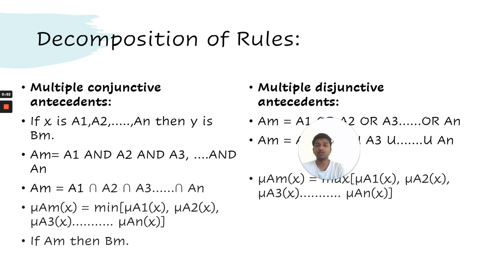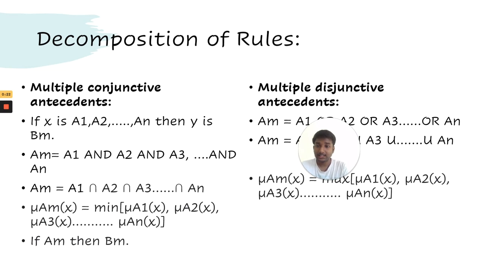And decomposition of rules. These are four types. Let's see the first two types. Multiple conjunctive antecedents: if x is a1, a2, an, these are the elements which come under the first premise, then y is bm. Bm is the second premise, the second conclusion, right?